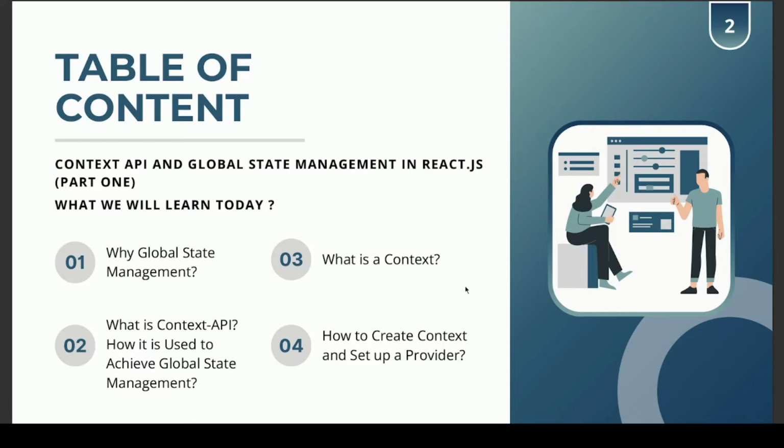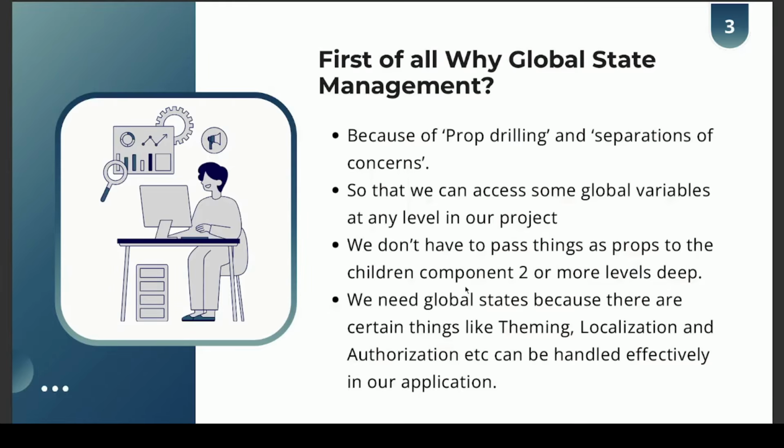So let's see. First of all, why global state management? Why do we need global state management? As you are already familiar with the prop drilling concept and the separation of concerns. Prop drilling is passing props from one child to another, and that child to another child of that child. So that is called prop drilling.